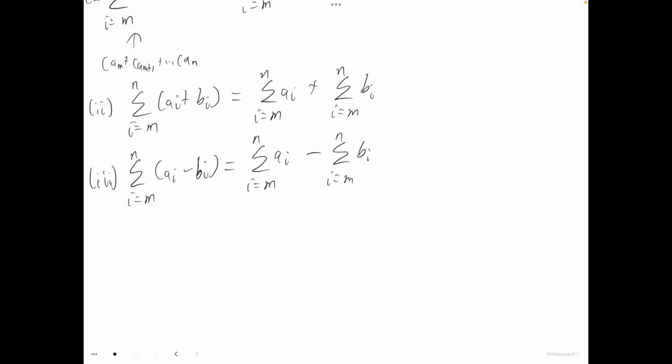We can do basically the same thing here. We're just moving all of the a's to the front, adding all of them up, and then subtracting off all of the b's. So rather than subtracting them off after each a sub i, we're just going to subtract the sum of them all off at the end.